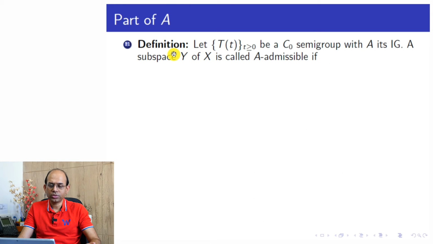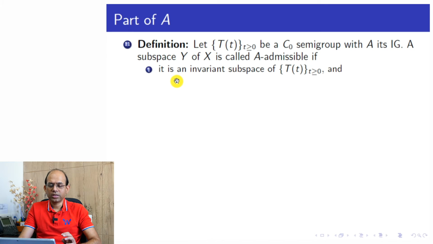Now another new notion. It is some sort of restriction of an operator to a subspace, but not strictly speaking a restriction, because one has to be careful: we require a desired property not only on the domain but also on the range space. So we define it this way. Let T(t) be a C0 semigroup with A as its infinitesimal generator. A subspace Y of X is called A-admissible if it is an invariant subspace of T(t).